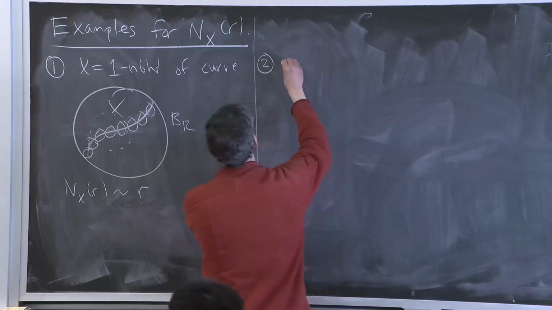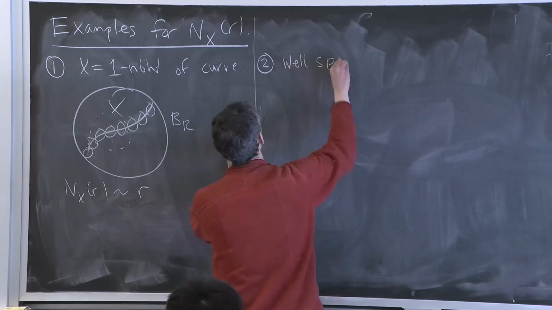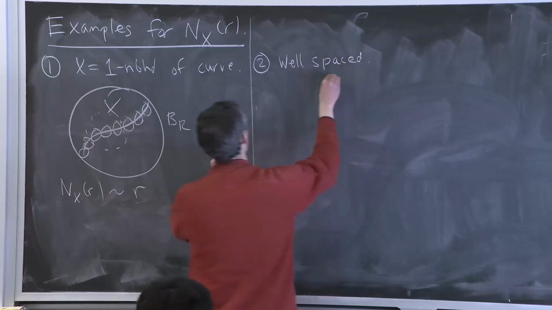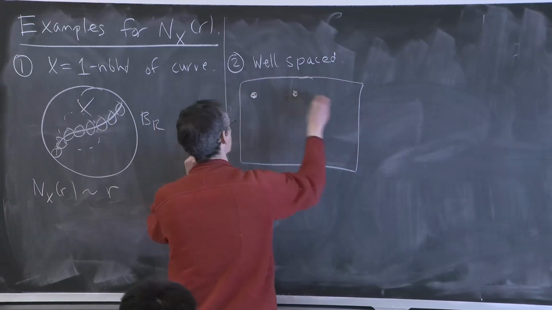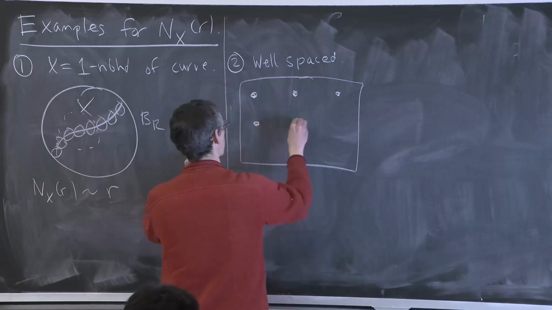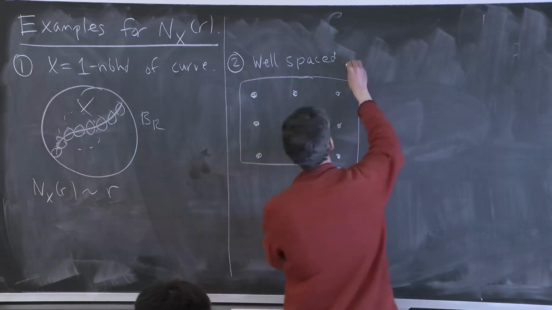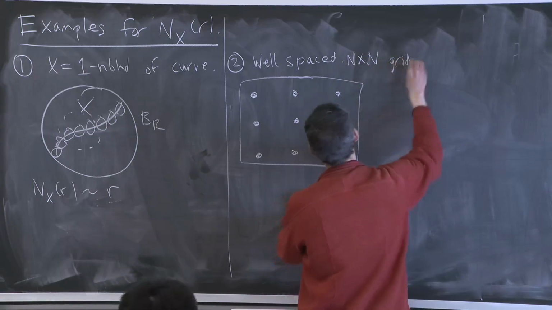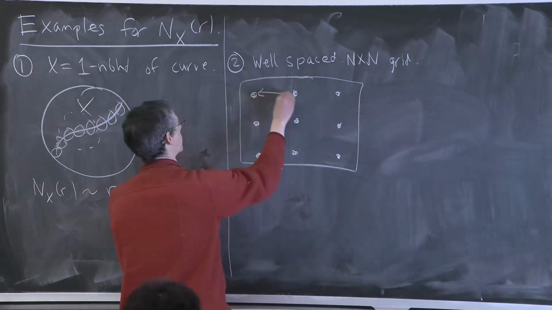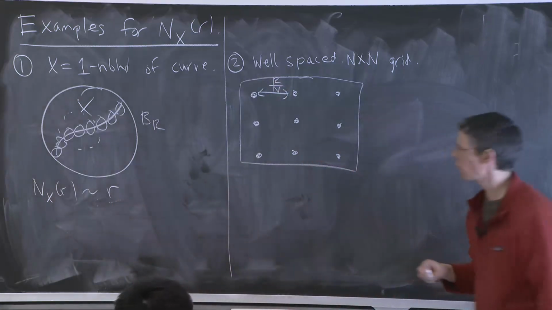So I'll call this the well-spaced example, the most spread out example. So it looks like this. So let's say it's a well-spaced n by n grid. And so the distance between neighboring balls would be like r over n.